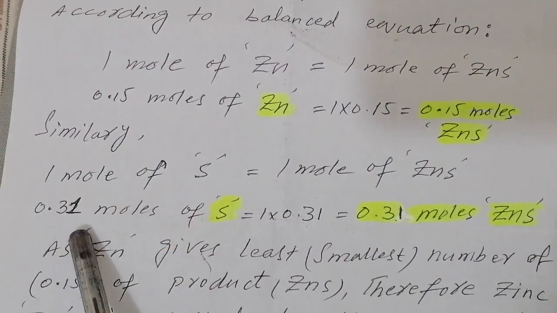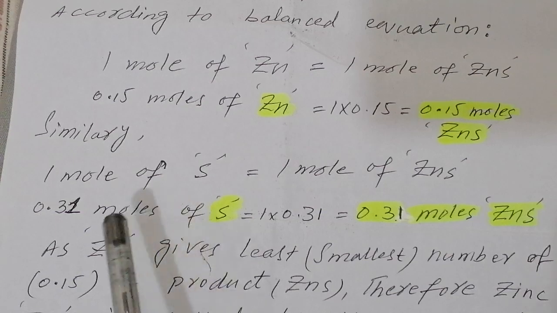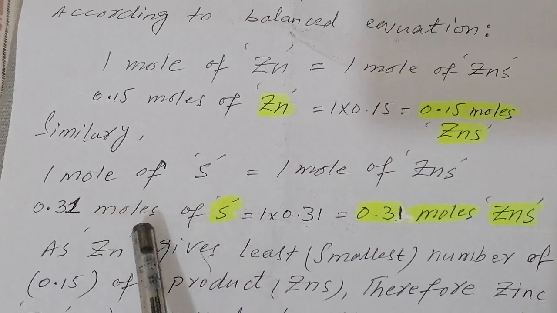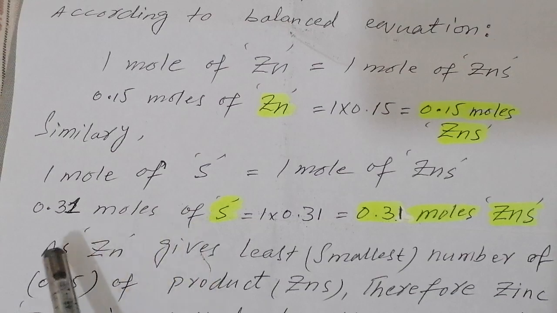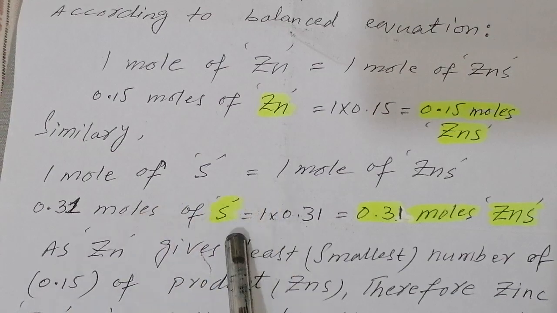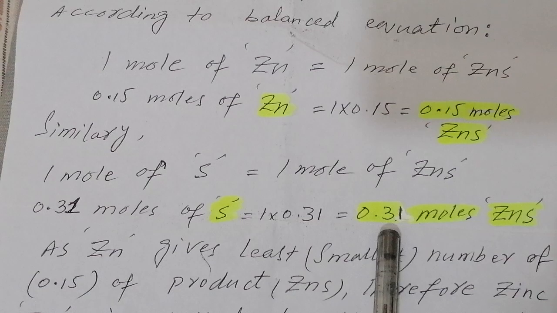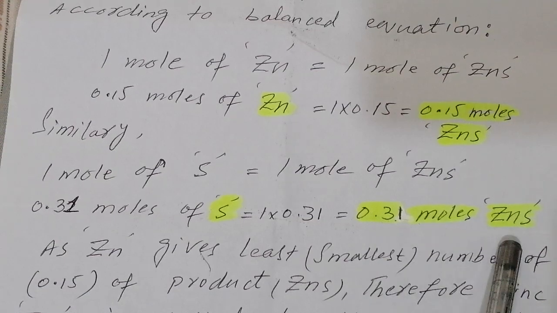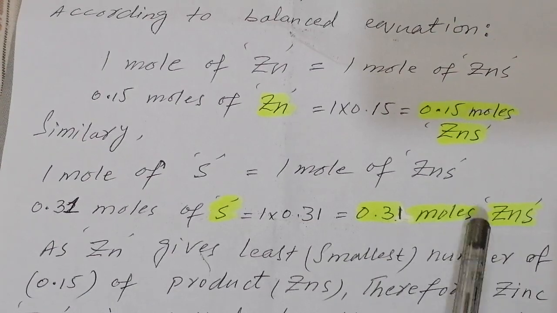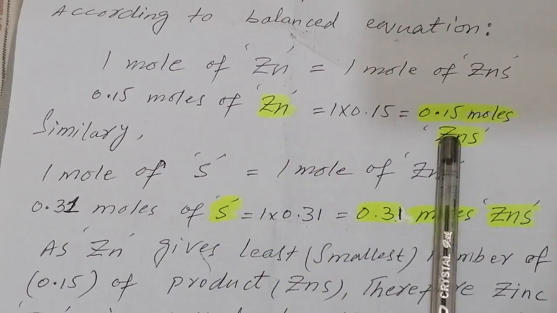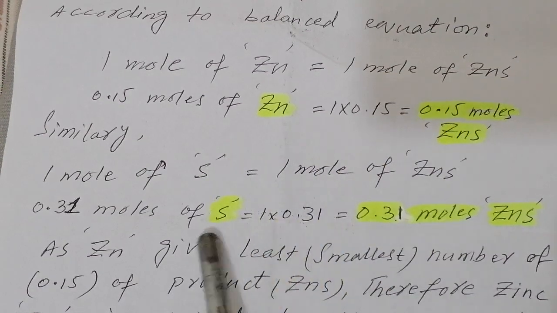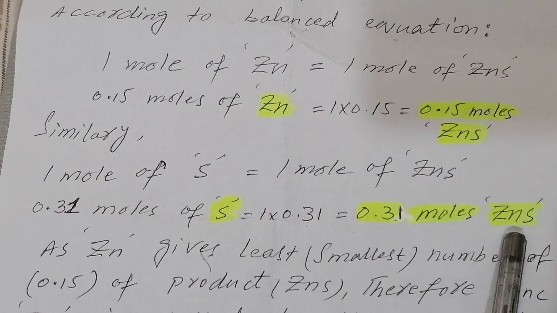And if we have 0.31 moles of sulfur, as we calculated on the previous page from the 10 gram mass of sulfur, then the product produced is equal to 0.31 moles of zinc sulfide. Now it is clear that zinc produces 0.15 moles of the product and sulfur produces 0.31 moles of zinc sulfide.